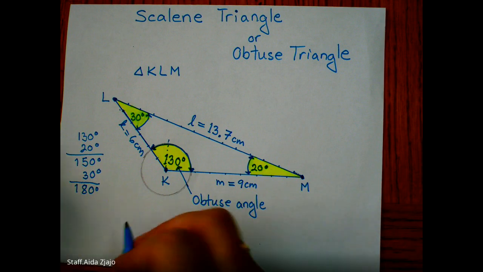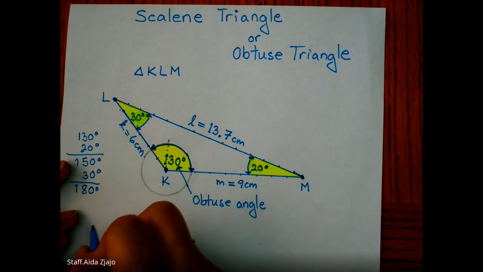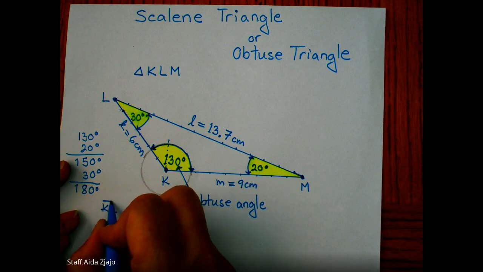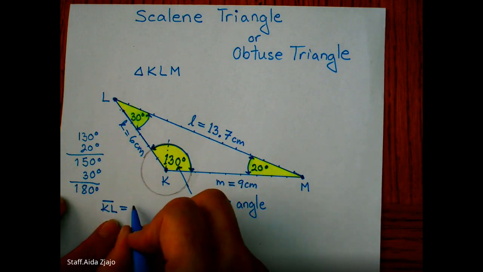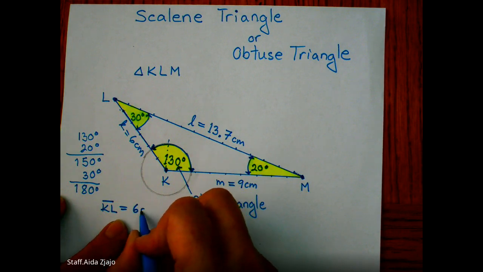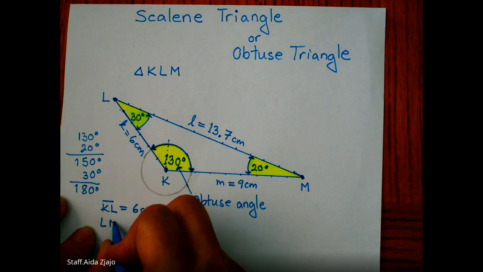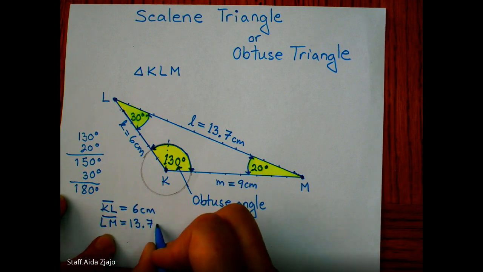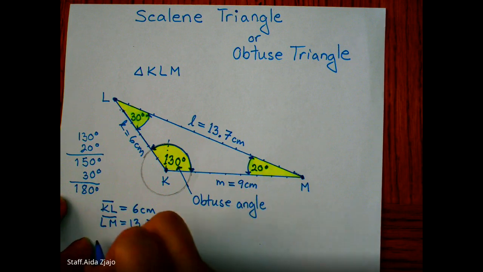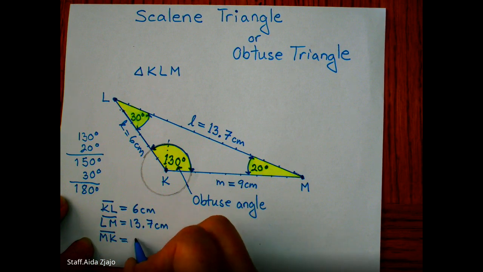So we can label the sides. Line segment KL, the line on the top, is equal to 6 centimeters. Line segment LM is equal to 13 and 7/10 centimeters. And line segment MK is equal to 9 centimeters.